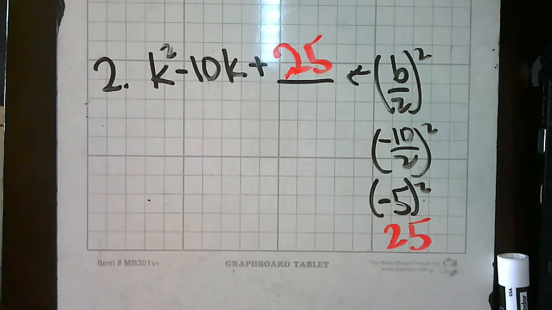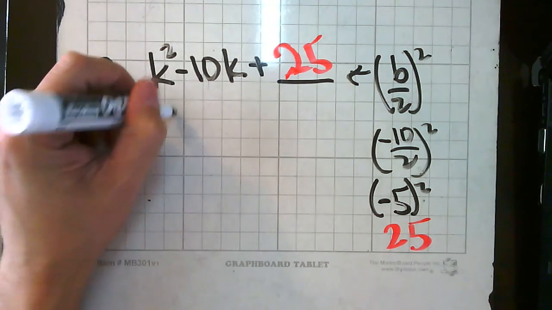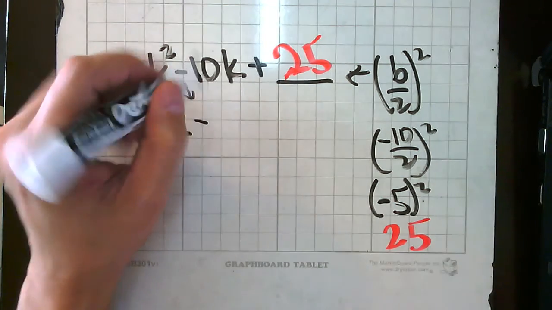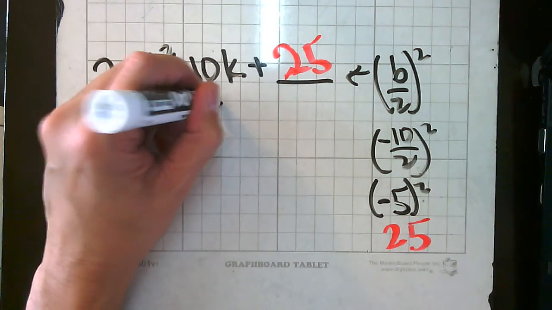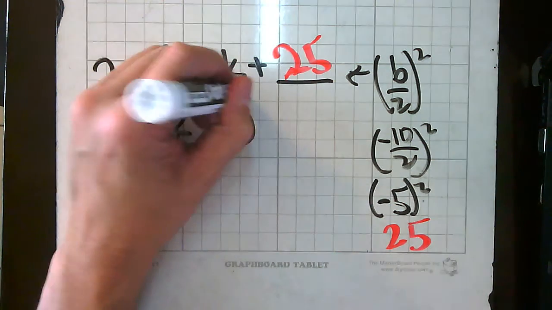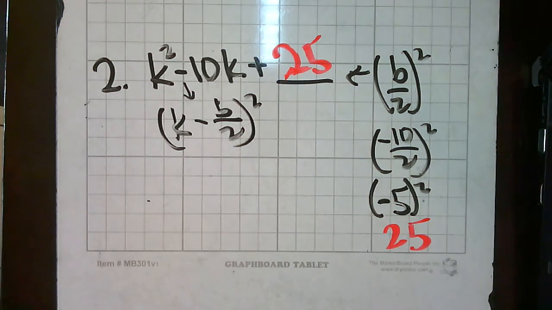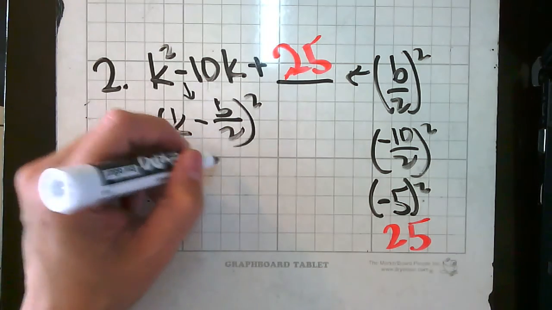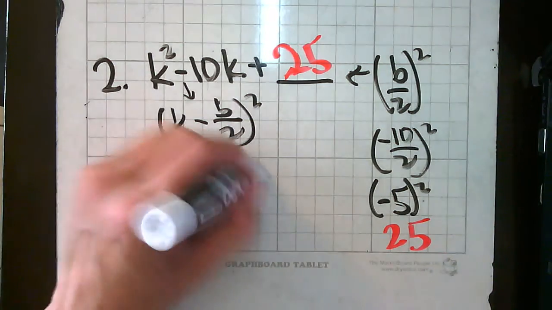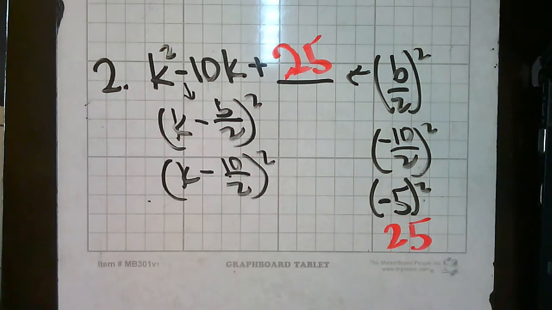Now for this one, we're going to use the other formula. We have k, and since I have a minus here, that's going to be a minus, and we're going to do b over 2 squared. So we have 10 over 2, and it's already a minus here, squared.